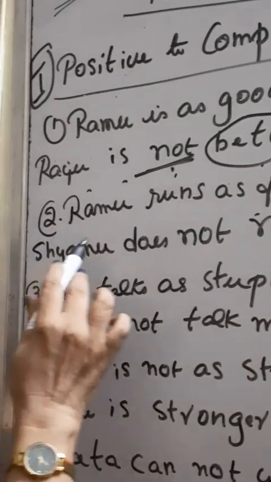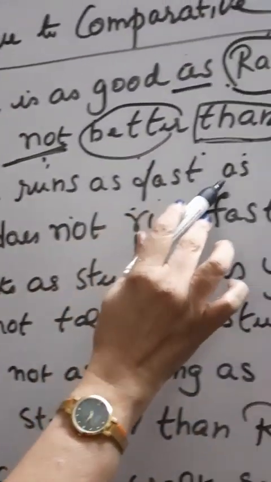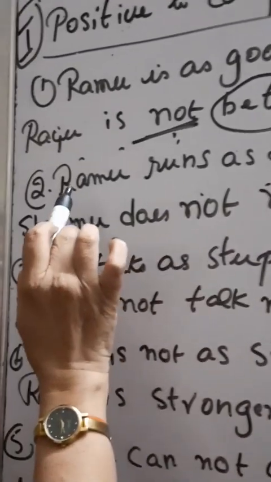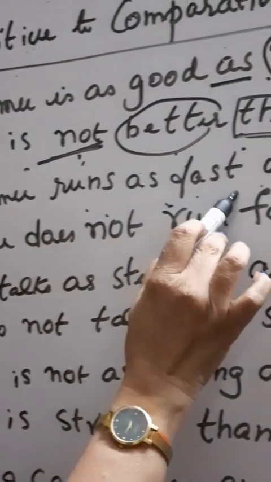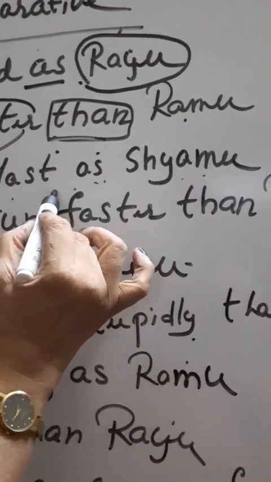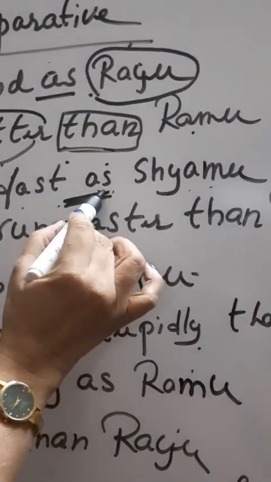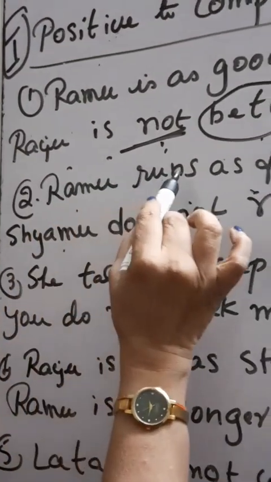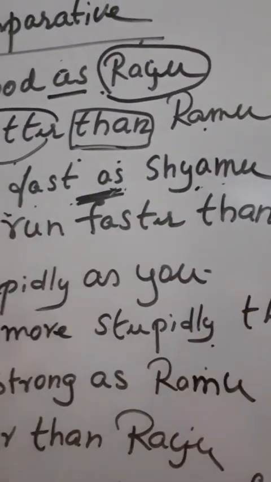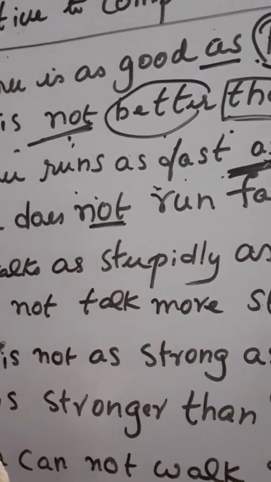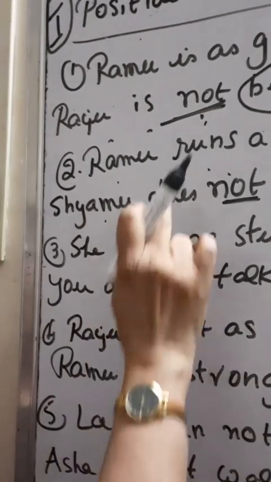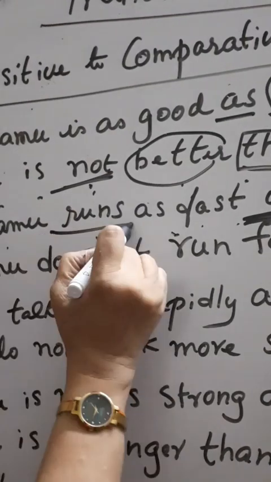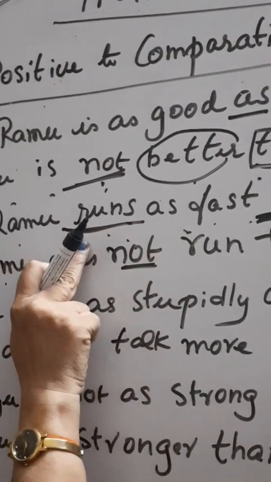Our second sentence is Ramu runs as fast as Shamu. Which word comes after as? Shamu. Write it here. The sentence is affirmative, so not should come in the sentence. But I gave a different type of sentence here because runs is present tense.